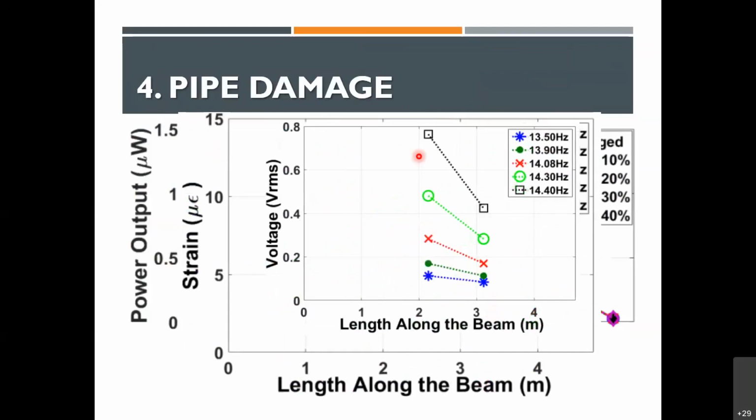Here, we took a look at the voltage that's being created at the damaged location versus how quickly it drops off to the next location. As you expect for strain-based damages, there is a sharp drop-off of the voltage.